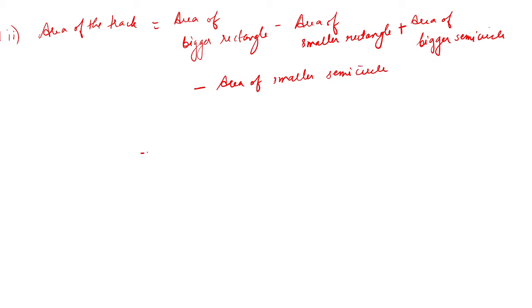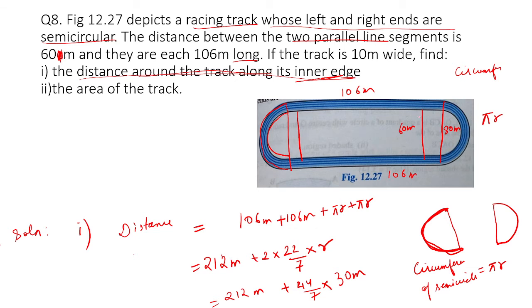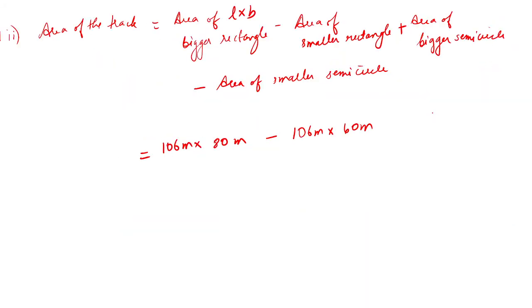When you do that, the area of the bigger rectangle is going to be 106 meter into 80 meter, because the formula for a rectangle is length into breadth. The area of the smaller rectangle has the same length, 106, but the breadth is different, 60 meters. And the area of a semicircle is half into pi r square.